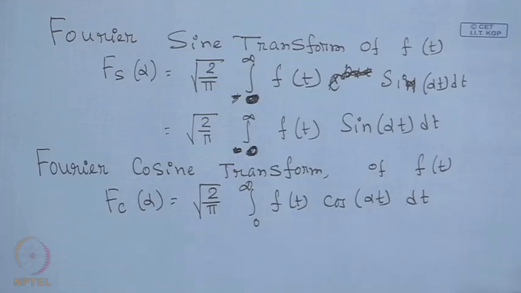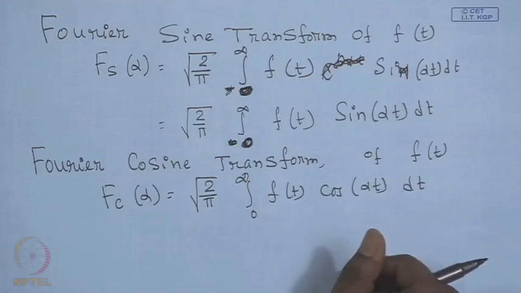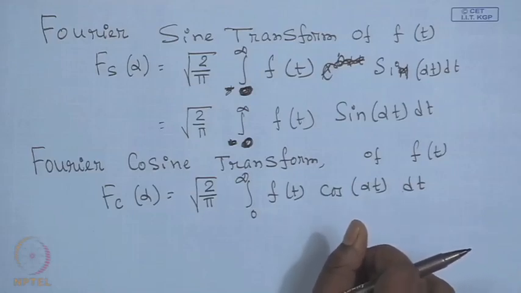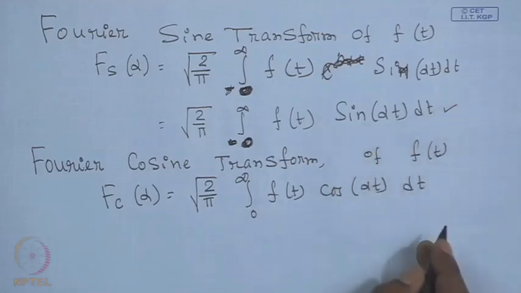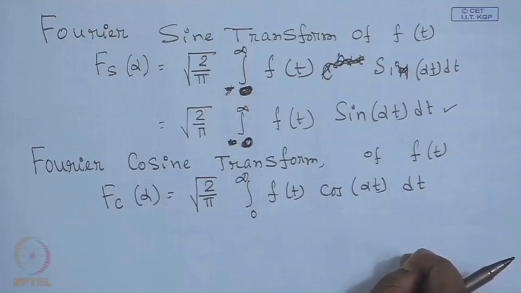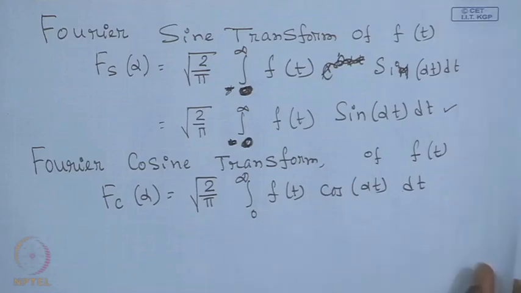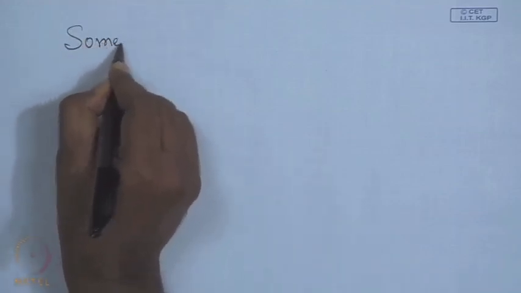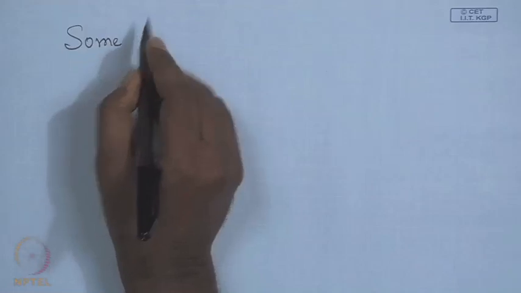In the case of the Fourier sine transform, the limit is from 0 to infinity and the kernel is root 2 by pi sine alpha t, and in the case of the cosine transform the limit is from 0 to infinity and the kernel is root 2 divided by pi. Some elementary Fourier transforms may be of interest to us and we should know some elementary forms.